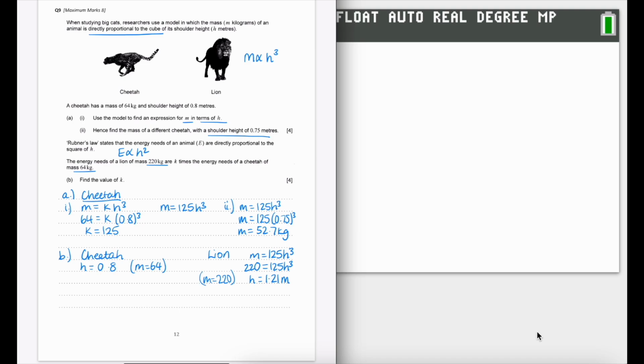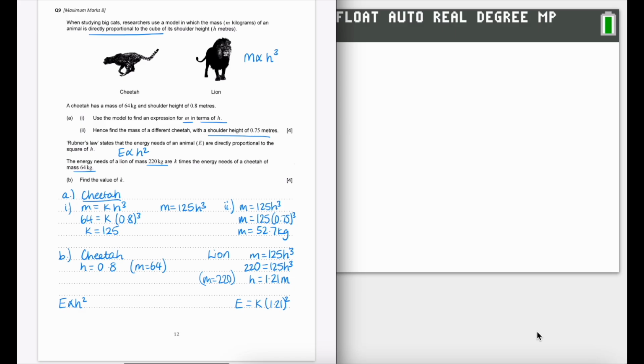Now that I know that, I have this equation, which is E is proportional to h squared. So for a lion, E is equal to k times 1.21 squared, because I now know that the height of this lion is 1.21.